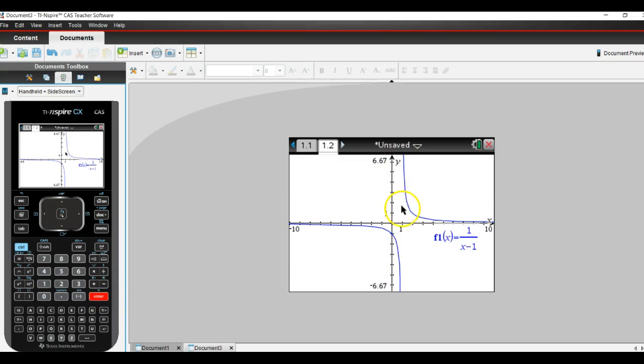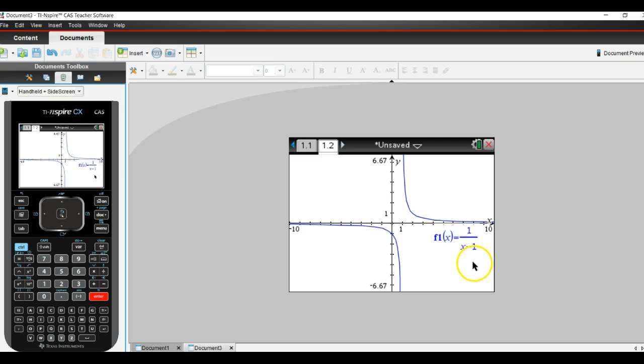So from your graph, you just need to see, okay, that looks like it doesn't draw the asymptote in for us. We kind of see that it's a vertical one at x equals 1, and that makes sense because it's wherever our denominator equals 0. Because we know that we can't divide by 0, or that we don't get a solution.